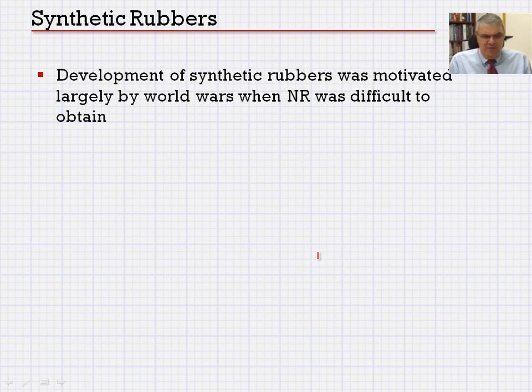But as a result of world wars, mankind always thinks about creative ways to address some of the challenges. And one thing that was developed as a result of world wars was the development of synthetic rubbers. It was largely motivated by when natural rubber was difficult to obtain.